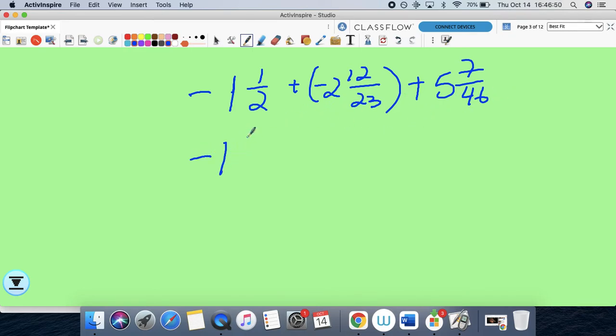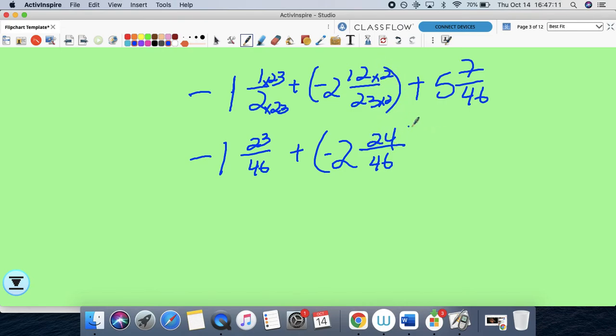If you change this to 46, it's times 23, so I multiply the top by 23. They were kind enough to give us a nice denominator here. For 23 to become 46, just double it, so I multiply the top times 2 to keep it proportional. 12 times 2 is 24. And then 5 and 7 over 46.